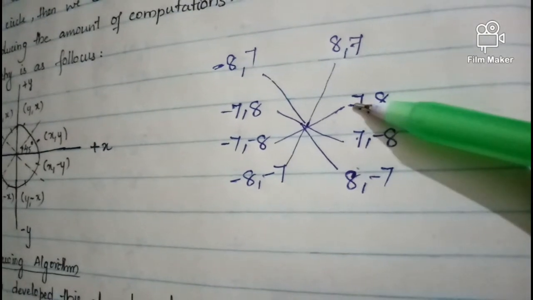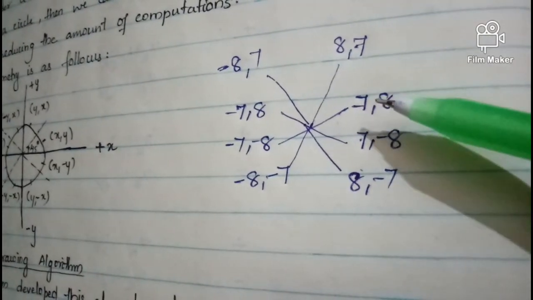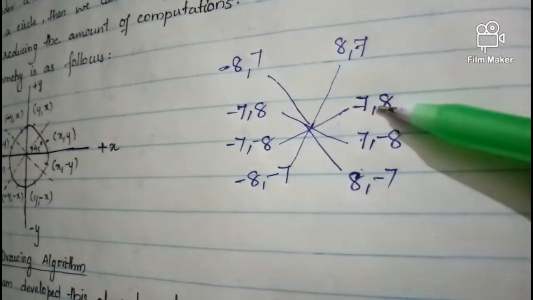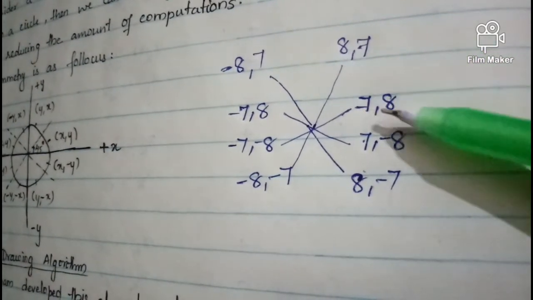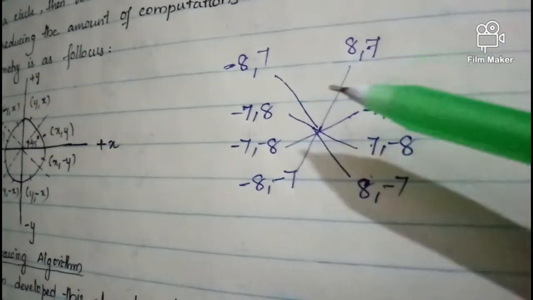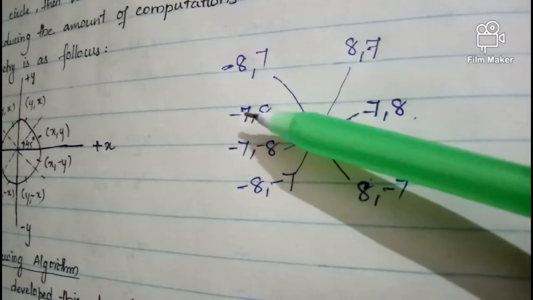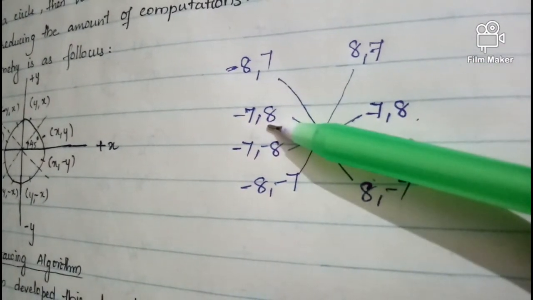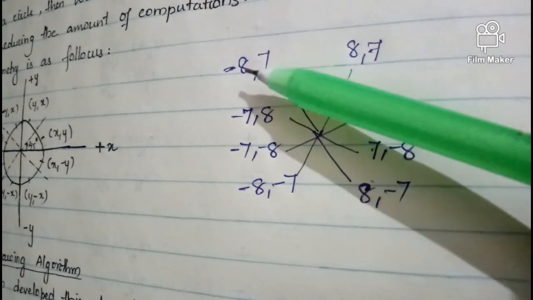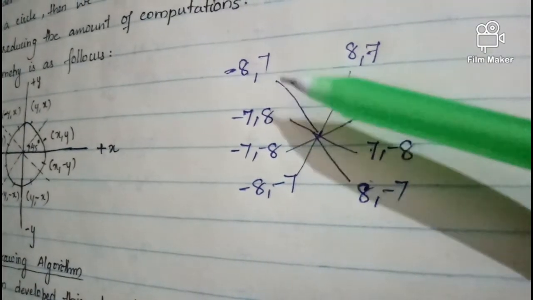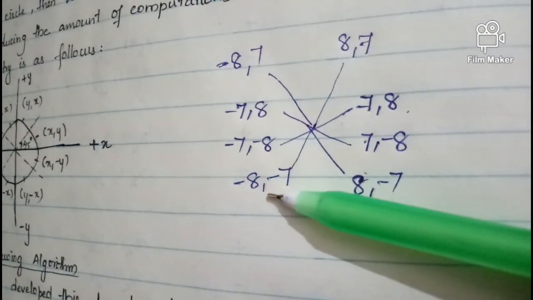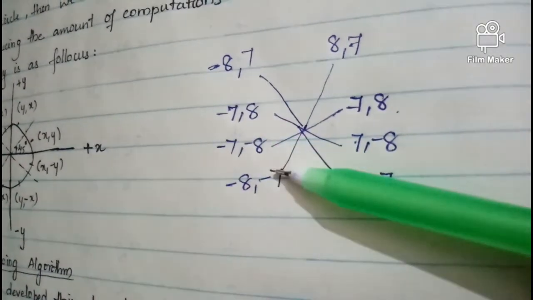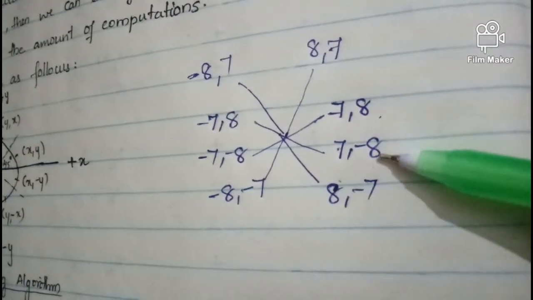Now this is the first quadrant. If the first octant has the point 7, 8, in the same quadrant the second octant will have reversed values. 7, 8 will become 8, 7. In the second quadrant, the point was minus 7, 8. Reversing the values, we get minus 8, 7. Here it was minus 7, minus 8. The value became minus 8, minus 7. Here it was 7, minus 8.